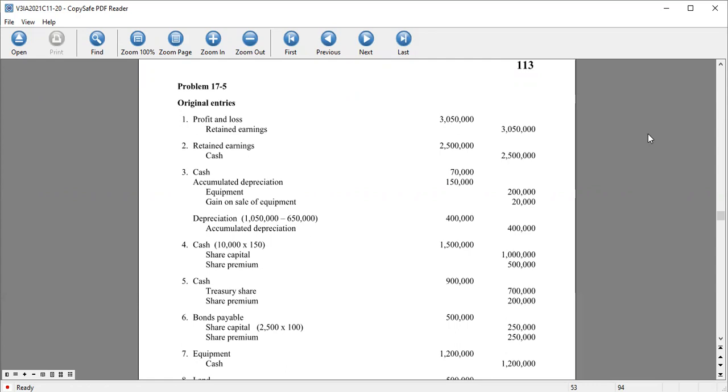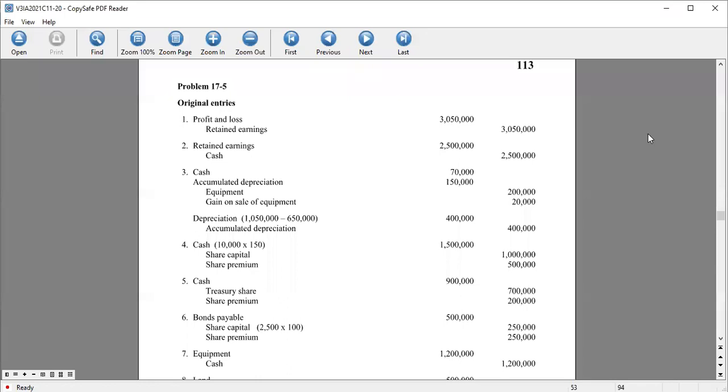Now, for the liabilities and the equity, accounts payable, notes payable long-term, bonds payable, share capital, share premium, retained earnings, treasury shares at cost. Now, we will begin with the original entries.